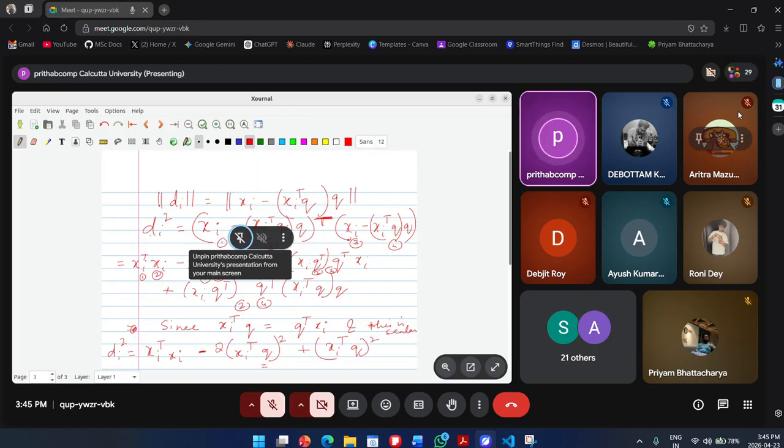So this becomes xi transpose xi minus, because there is a minus sign over here, xi transpose q the whole square. Okay.